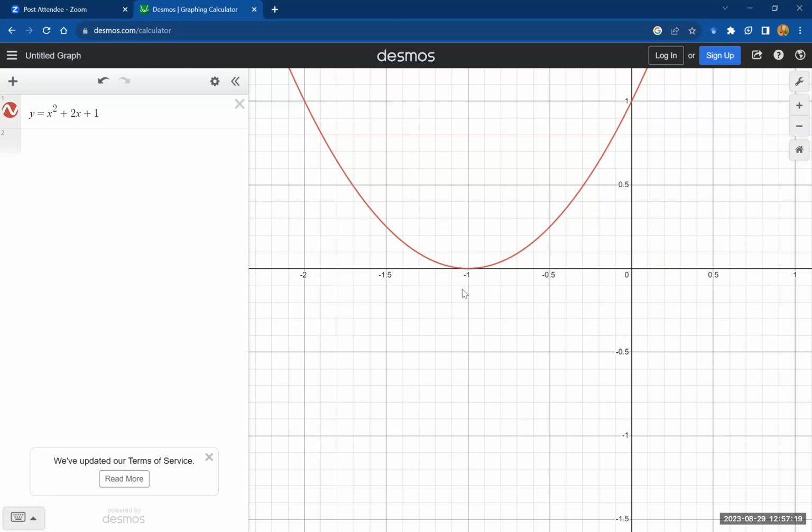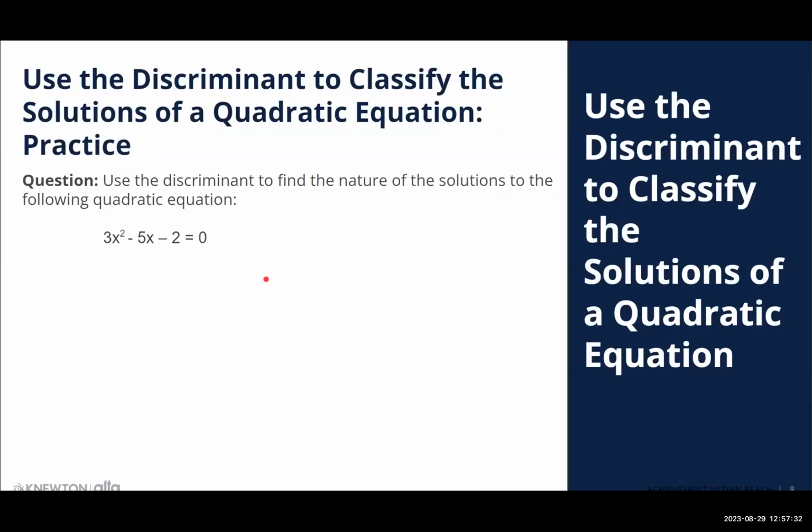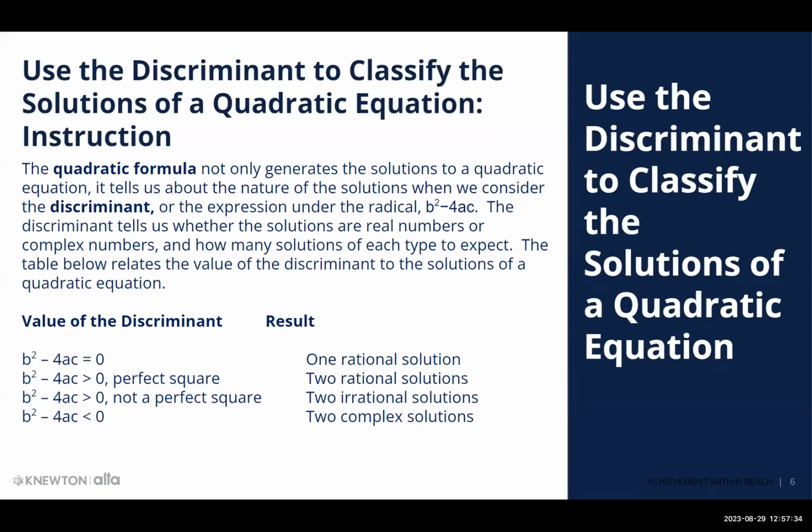Okay, and that goes back to this list that says whenever you have b squared minus 4ac equals 0, there is only one rational solution.